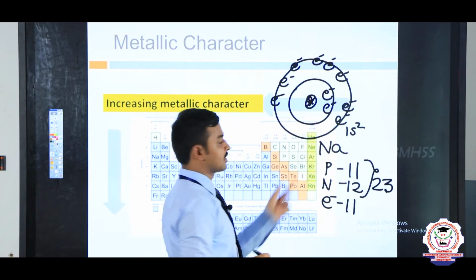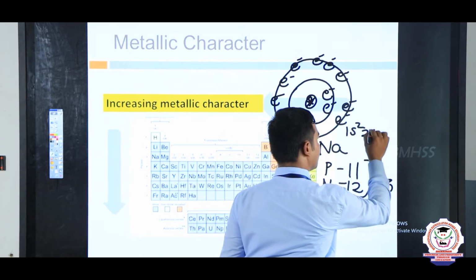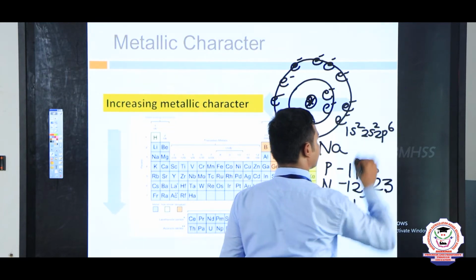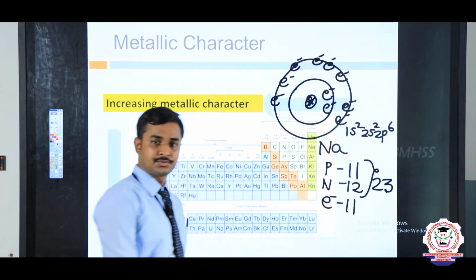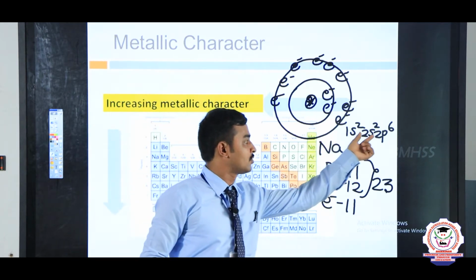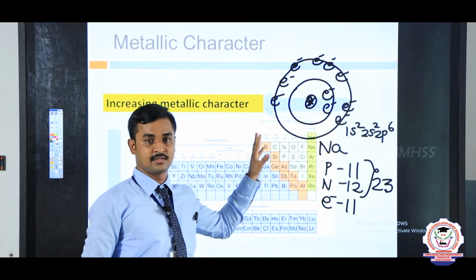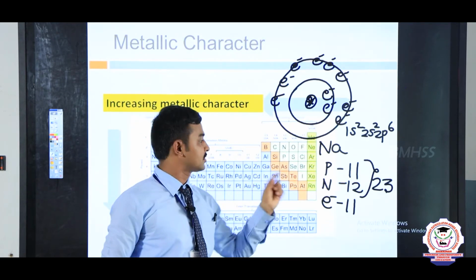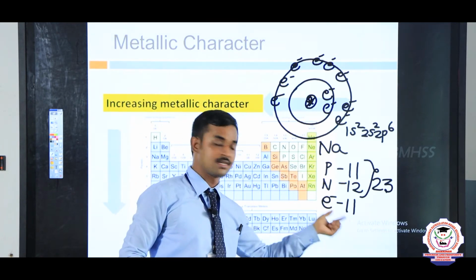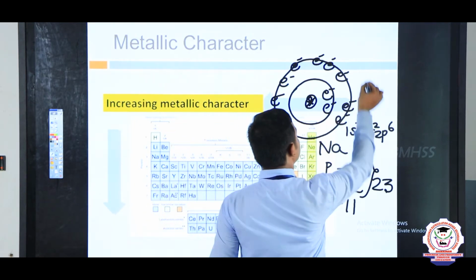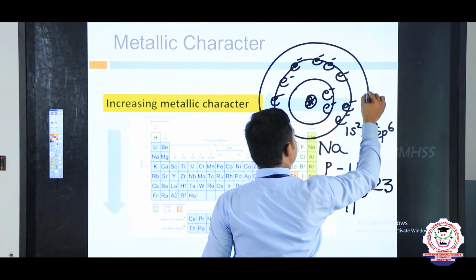The second orbit electrons are represented as 2s2 and 2p6. You see, students, 2 plus 2 plus 6, totally 10 electrons are represented. So, only 1 electron we need to show because the total number of electrons is 11. The last 1 electron enters the third orbit.